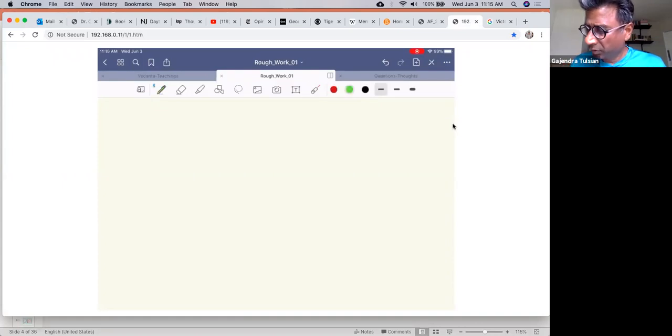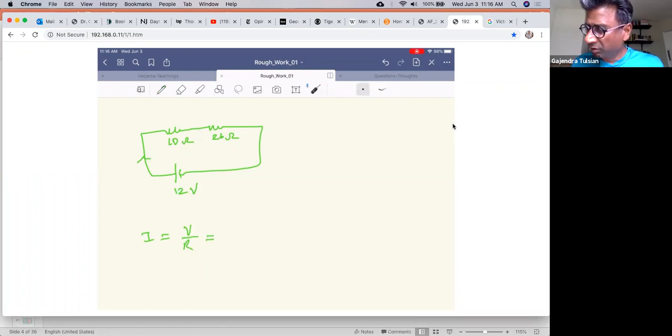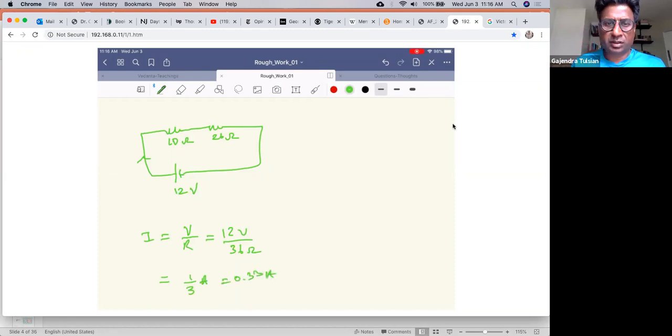Say this is a 12-volt battery, and this is 10 ohms, and this is 26 ohms. Ohm's law says the current is voltage over resistance, and for two resistors in series you just add their resistances. So the current would be 12 volts divided by 36 ohms, which is 1/3 amp, or 0.33 amps. So this is a very easy circuit to solve.